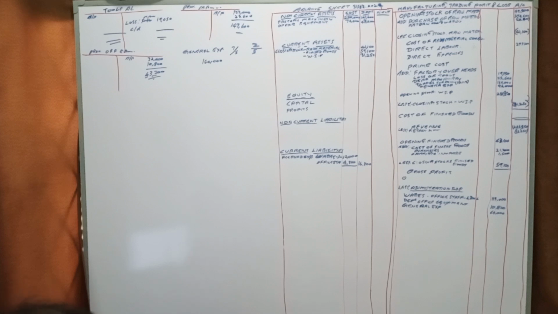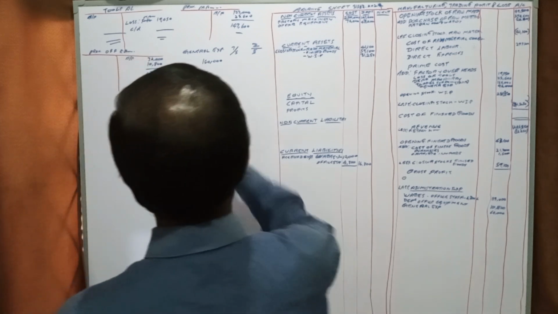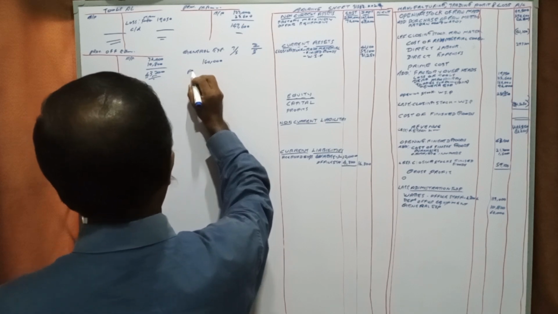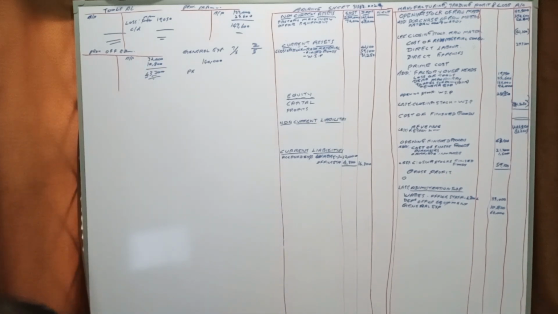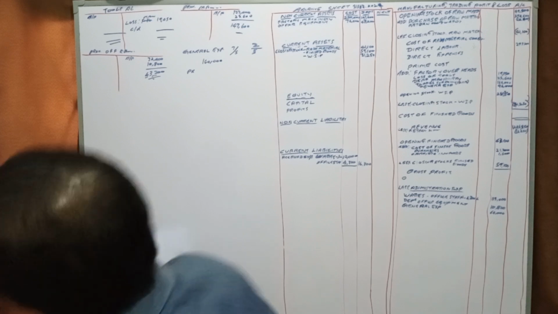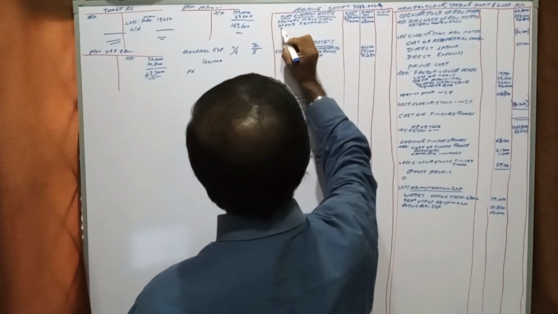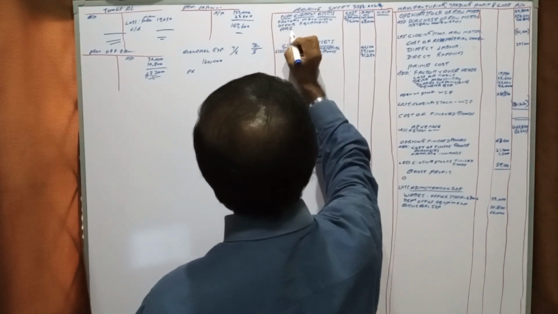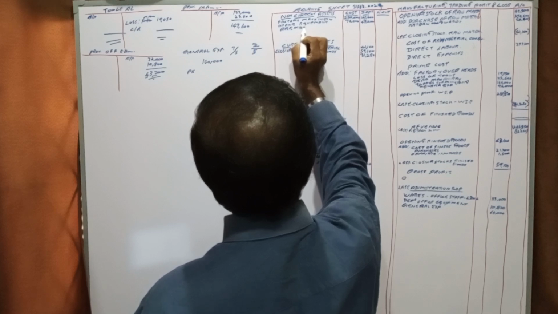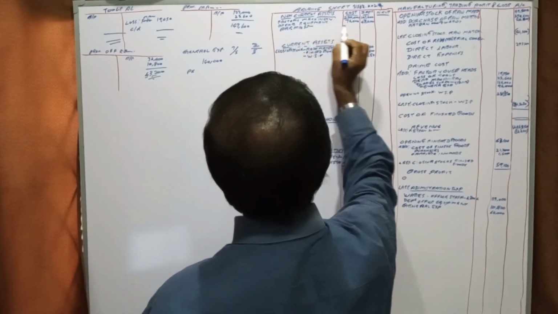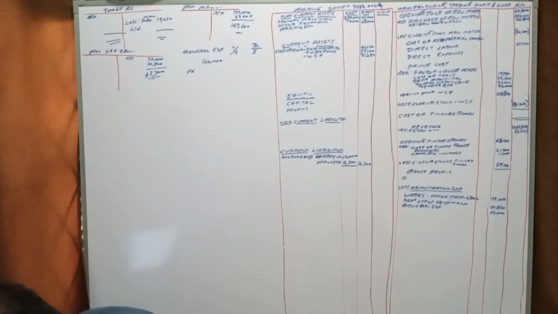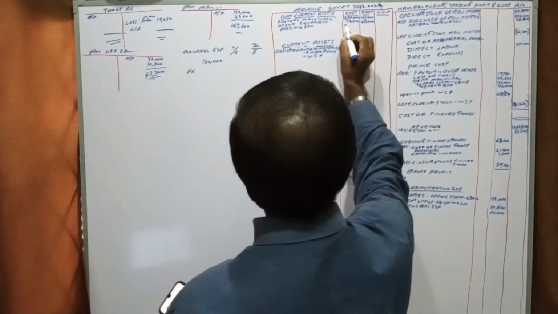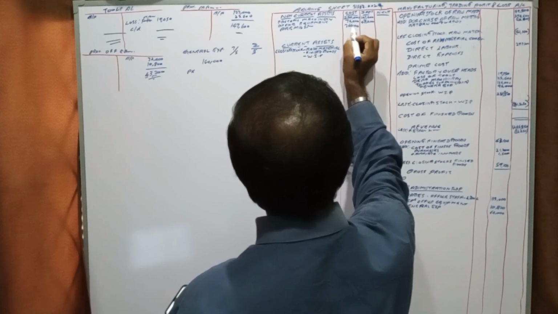Premises cost, building. Premises cost 366, building at cost, 366,000.